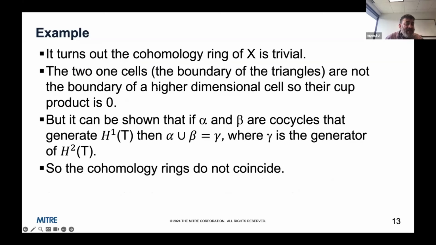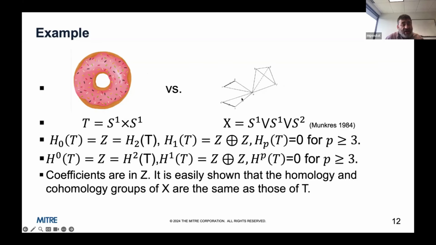Hopefully not. So it turns out the cohomology ring of this thing is actually trivial. And the reason is the 2 things you might be able to multiply, the 2 one-dimensional cycles, are not really the boundary of anything. These 2 circles aren't the boundary of something, so their product is going to be 0.